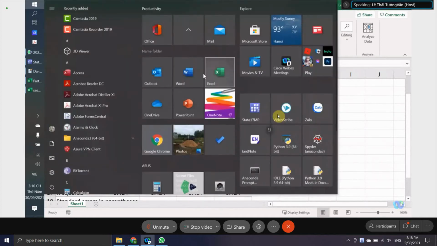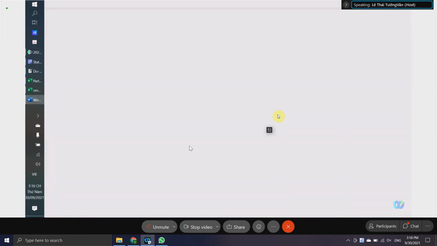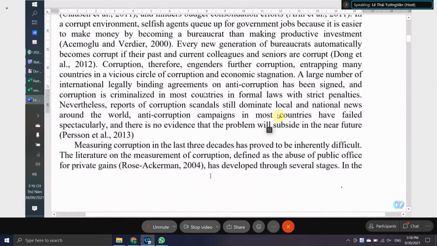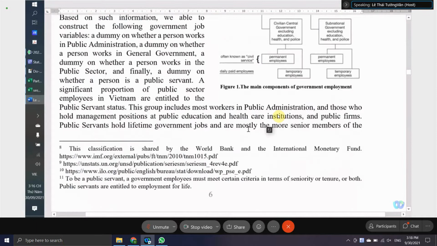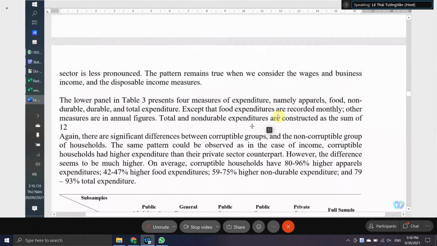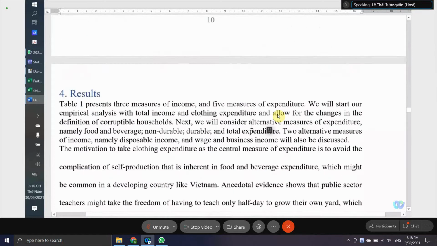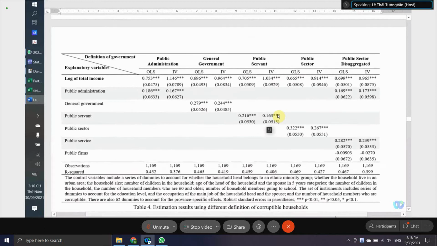So this is the newly written paper from my own, and you will see that we have tables like this one, and like this one. The tables are created by using the outreg2 command.